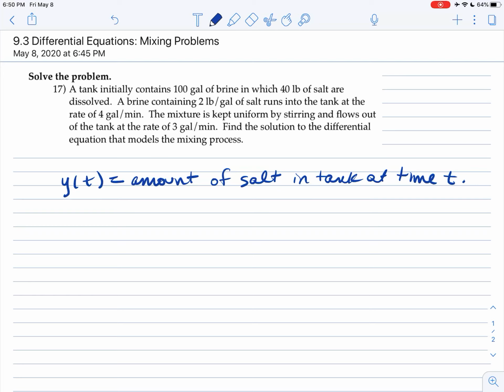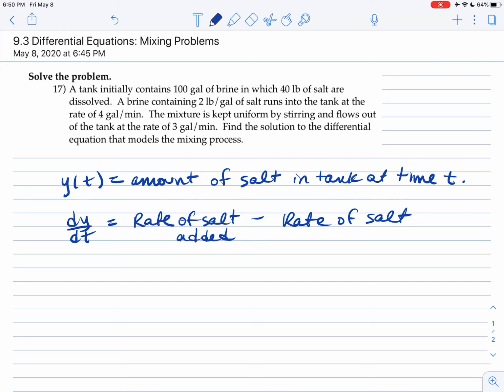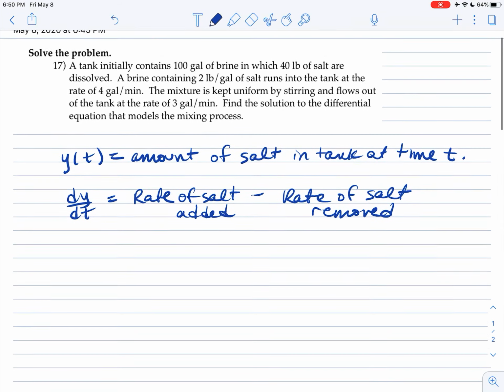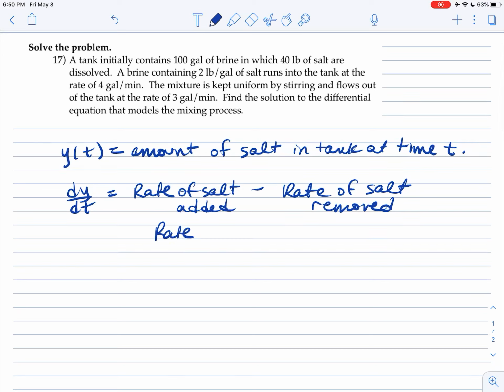So if that is the case, then we know that y prime of t is the rate at which the substance is being added minus the rate at which it is being removed. So dy/dt is your rate of salt added minus your rate of salt removed. Rate in minus rate out.